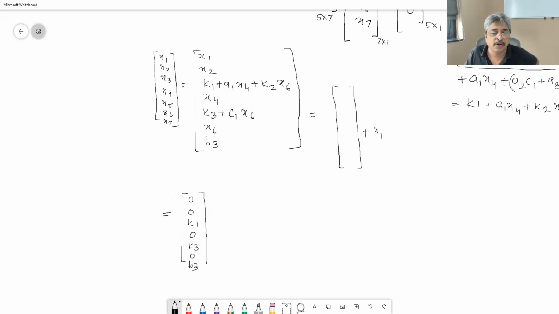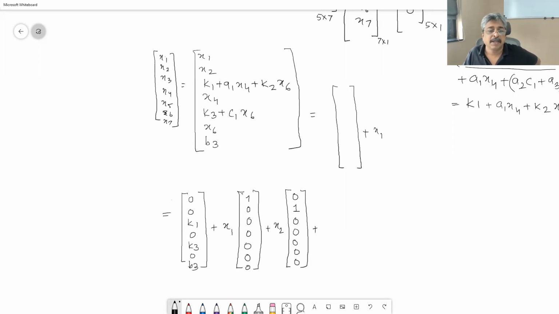These are the entries for the constant, plus the multiplier of x1. In the first equation, you have 1 times x1 and there is no x1 in the others. In the second equation, for the x2 multiplier, we don't have it in the first equation, in the second equation 1, and we don't have anything in the rest.